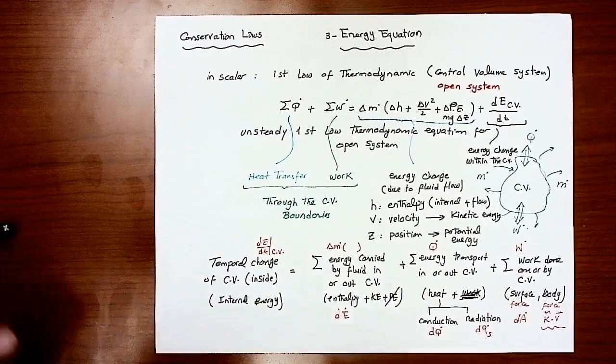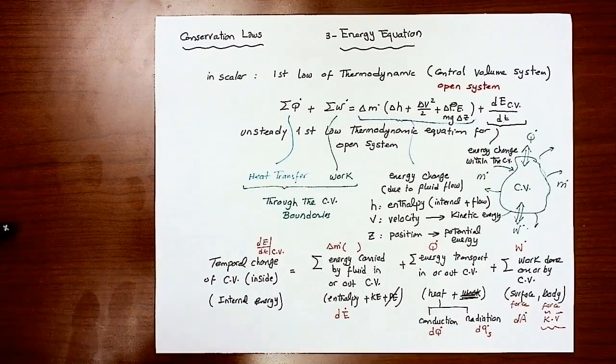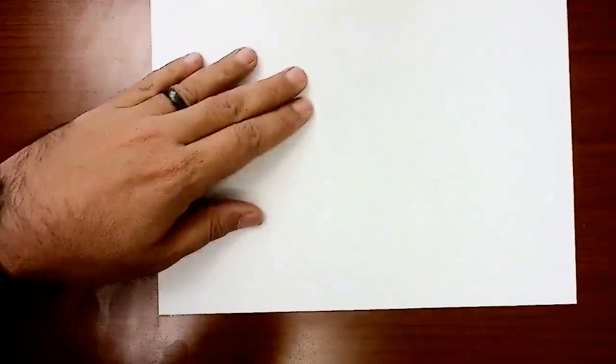Now what we need to do is to start giving an individual expression for each one of these quantities. Then we will combine everything together to get the energy equation. So that's what I'm going to do now. I'm going to derive a standalone expression for each one of these terms. If I start with the energy we have within the control volume, I'll call that number 1.